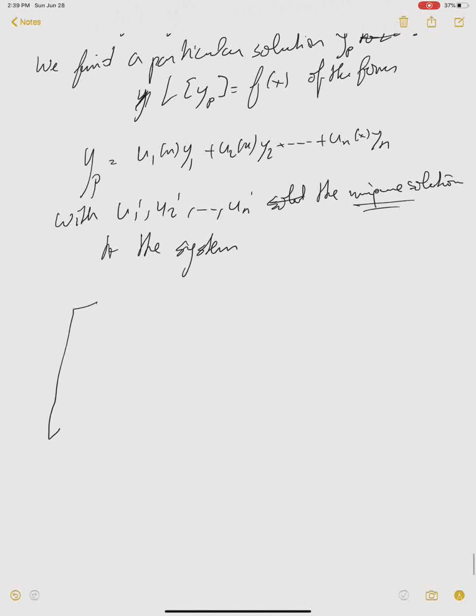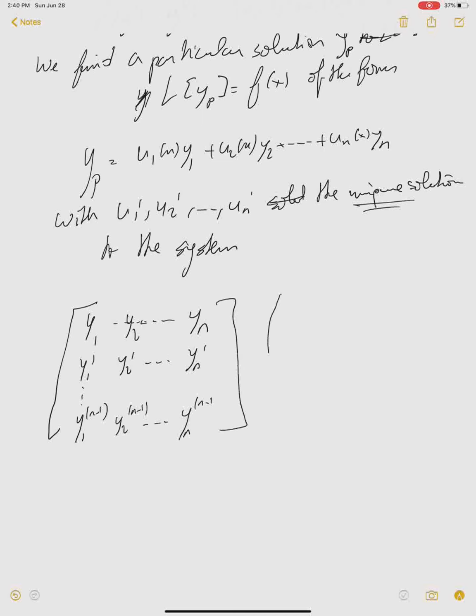So I will write the system in matrix form so that you remember it. So you write the matrix of the Wronskian. Remember, the Wronskian is the determinant of some matrix, which is the matrix with rows y_1, y_2 up to y_n; y_1', y_2' up to y_n'; up to y_1^(n-1), y_2^(n-1) up to y_n^(n-1).